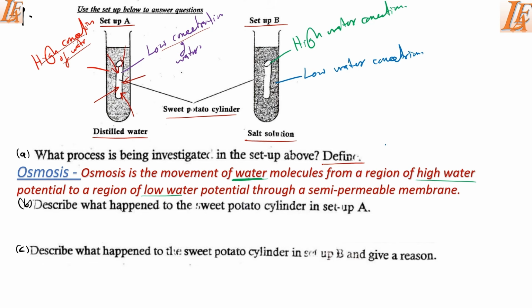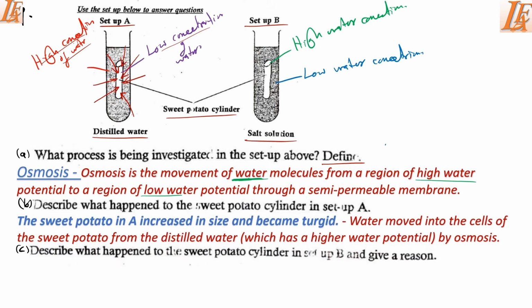And if the water is coming inside the sweet potato cylinder, it means the size of this sweet potato cylinder is going to increase. So the sweet potato in setup A will increase in size and become turgid. This happens because water moved into the cells of the sweet potato from distilled water by a process called osmosis. The water moved from where it is highly concentrated outside into the cylinder where it is lowly concentrated.